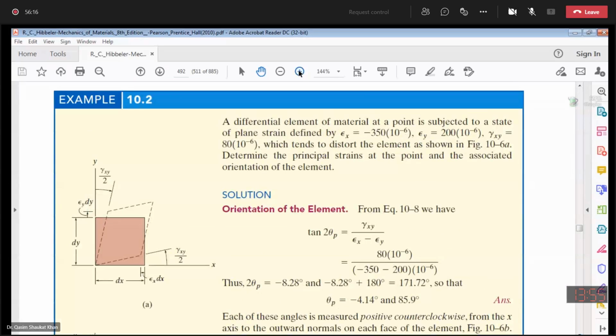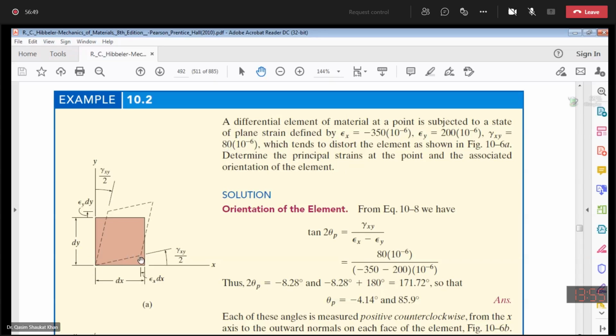Example 10.2, and the question is: a differential element of material at a point is subjected to a state of plane strain defined by epsilon x, that is minus 350 microstrains, epsilon y is 200 microstrains, and gamma xy is 80 microstrains, which tends to distort the element as shown in the figure.